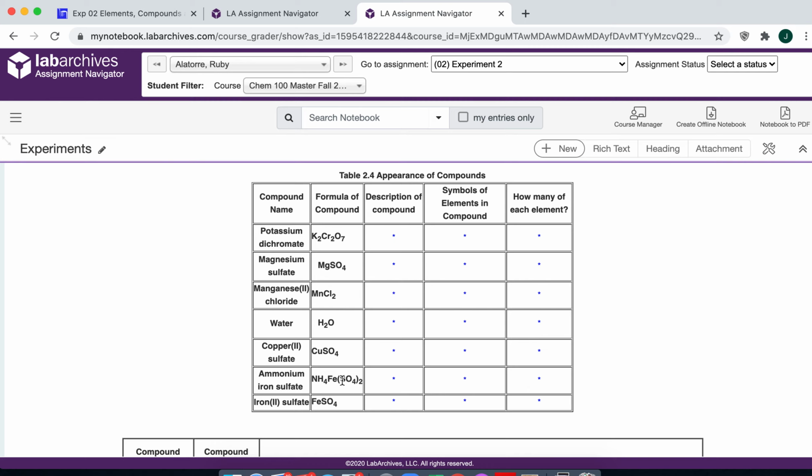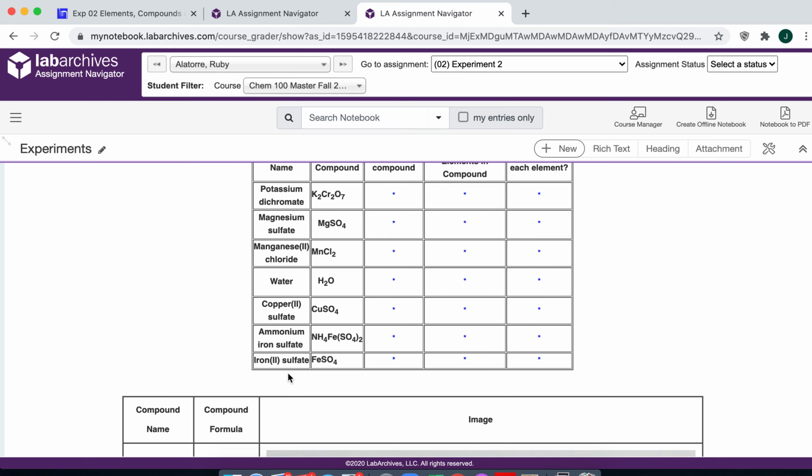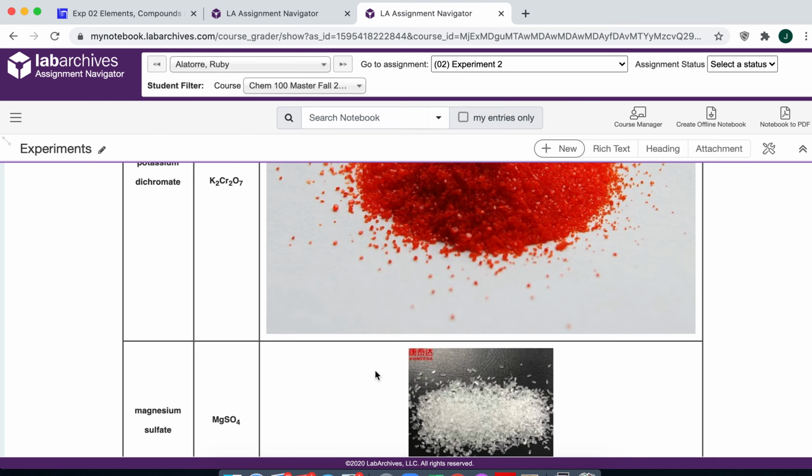And how many of each? 1 nitrogen, 4 hydrogen, 1 iron. Then SO4 inside the parenthesis with number 2 outside. You need to distribute the number 2 to S and O4. So there are 2 S, and oxygen 4 multiplied by 2, which means 8 oxygens. Do the same for the rest to complete this table.